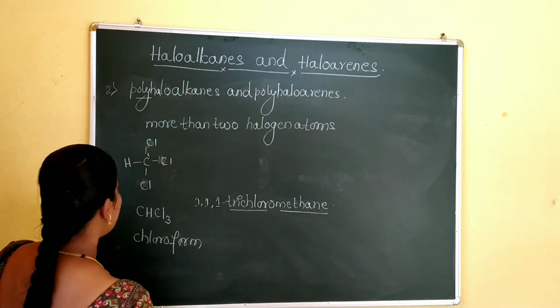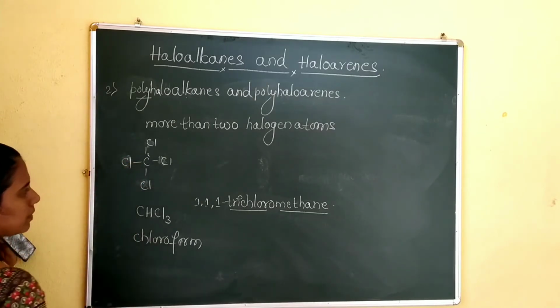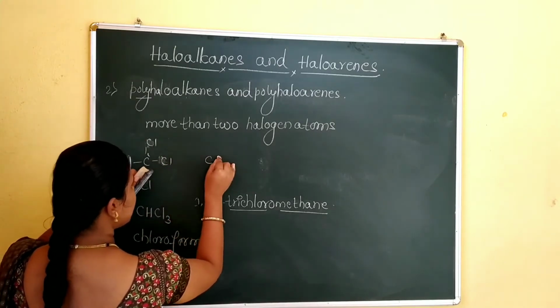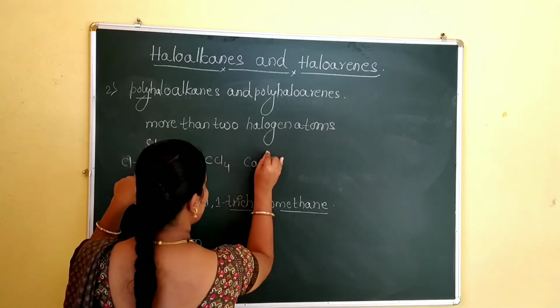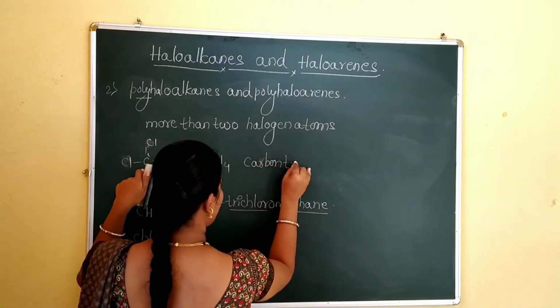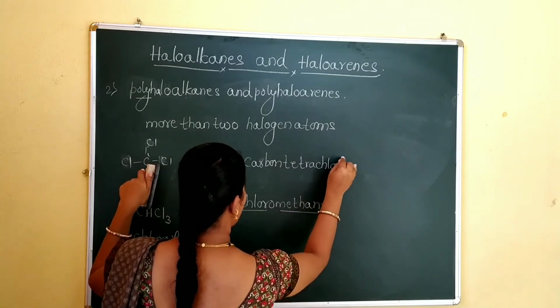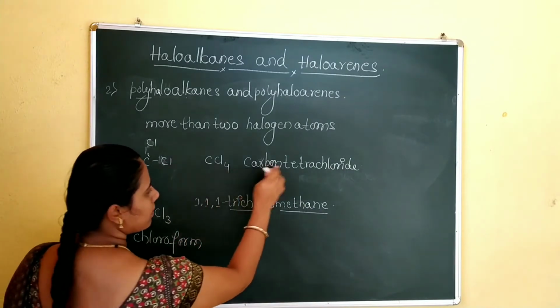Similarly, if one more hydrogen atom is replaced by a chlorine atom, then the formula of this compound is CCl4, carbon tetrachloride.